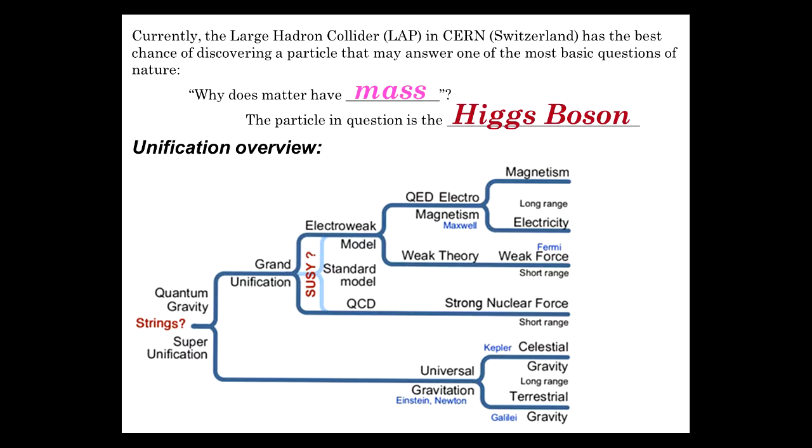In any case, an overview of the unification, kind of starting from the right, where we have the magnetic, electric, weak and strong, and gravity. Those aren't really five forces. Magnetism and electricity have been unified for a long time in the sense that really it's one force called electromagnetism.